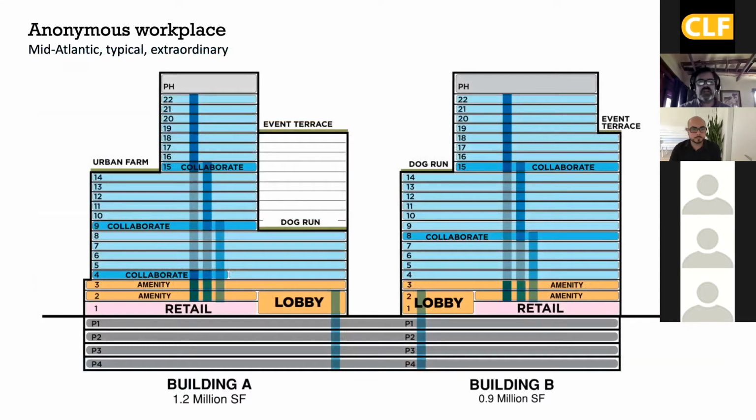So this is a regional project for you all. I'm on the West Coast, but this is a project our DC office is doing. As you can see, it's almost 2 million square feet of office space, with great amenities for the people who work there, lots of dogs, lots of events. It's a confidential client, so I can't tell you who it is, but it's a client that was interested in a holistic approach to carbon and had made some carbon commitments.